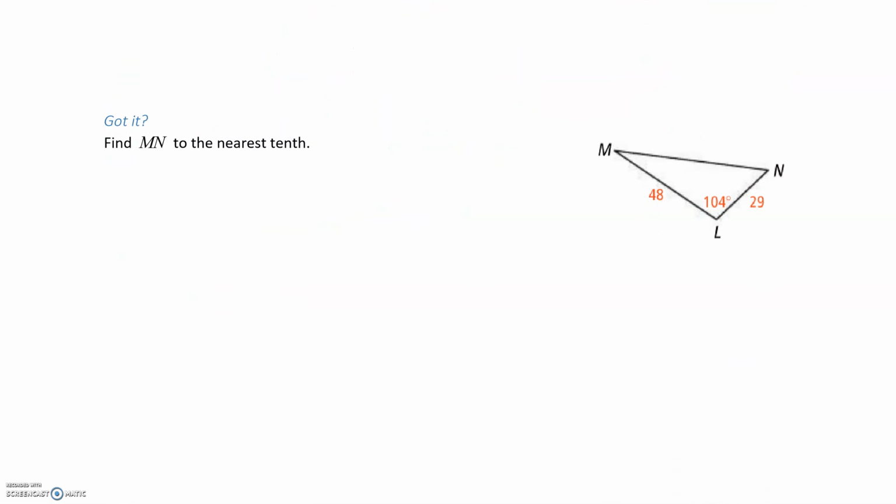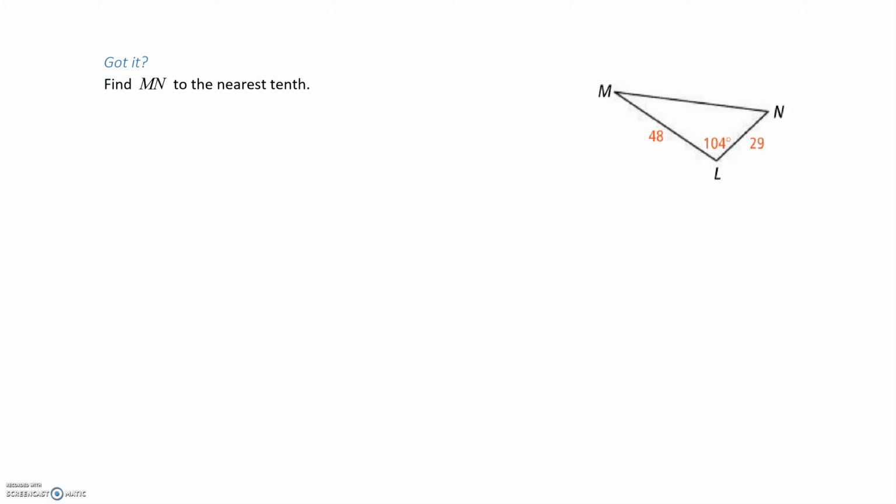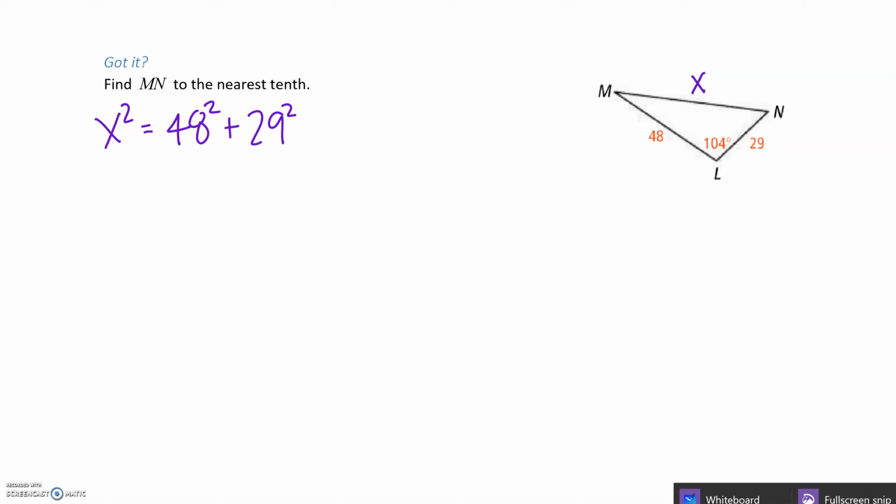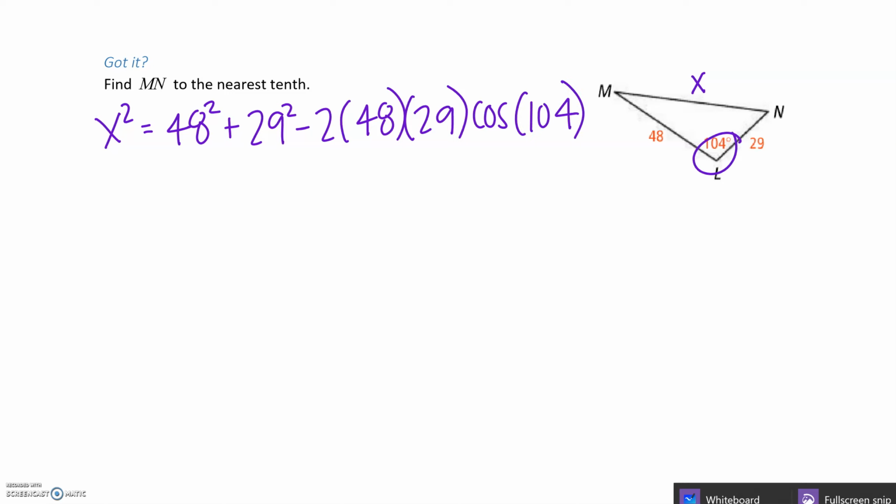Okay, so down here we're looking for MN, so I'm just going to write that as x. So we're going to have x squared equals one of the sides, so 48 squared, plus the other side, which is 29 squared, minus 2 times 48 times 29 cosine of the angle that we're given, which is 104.